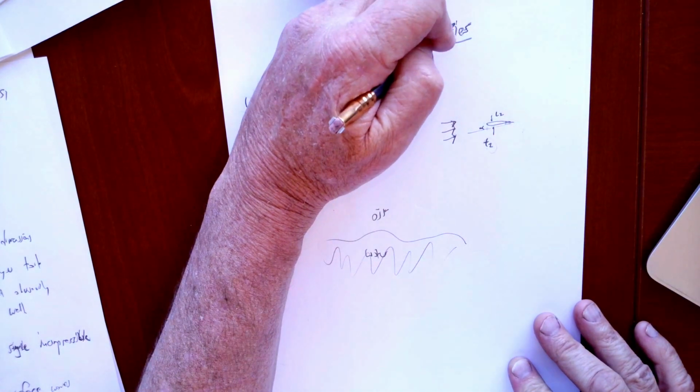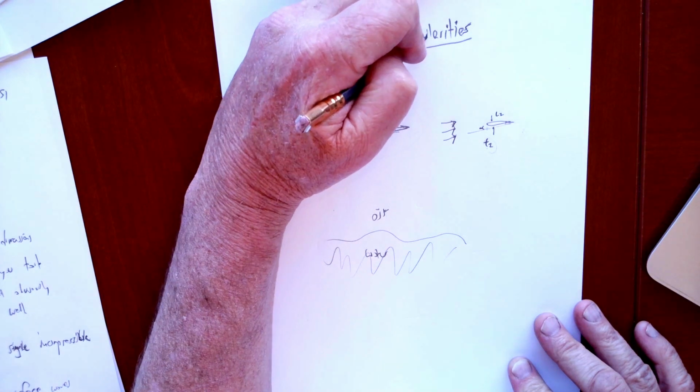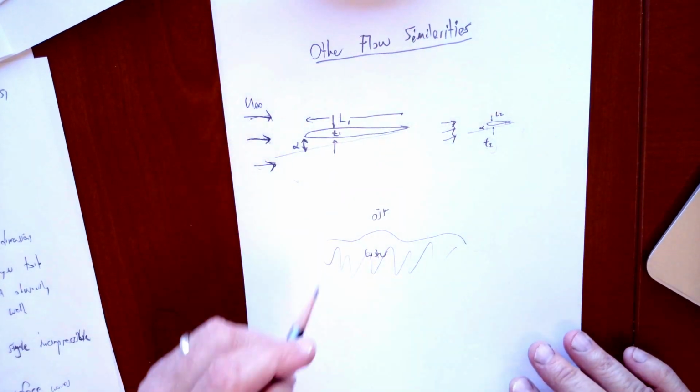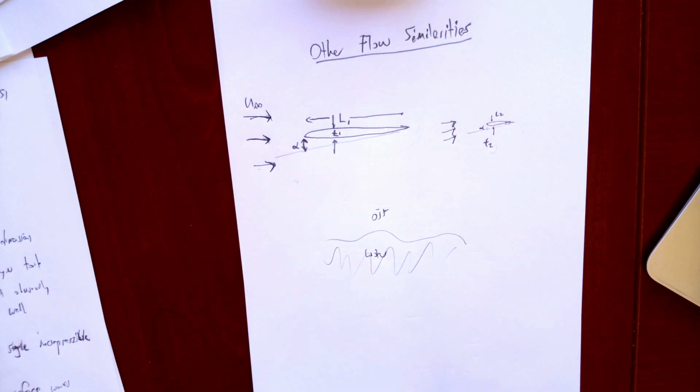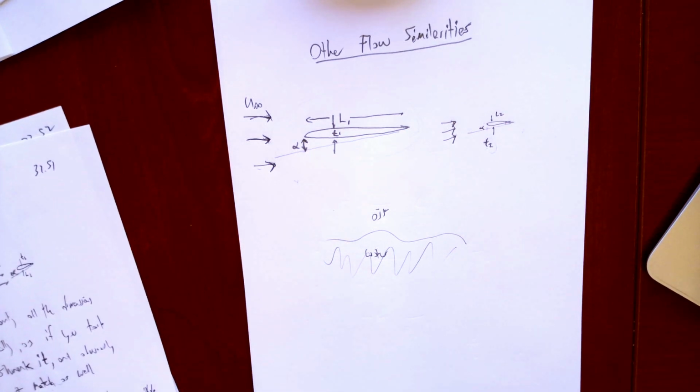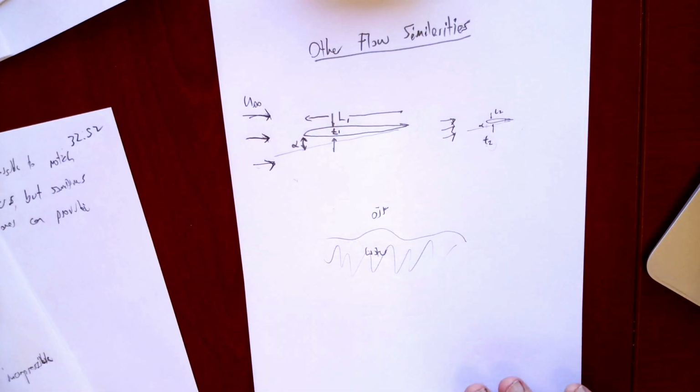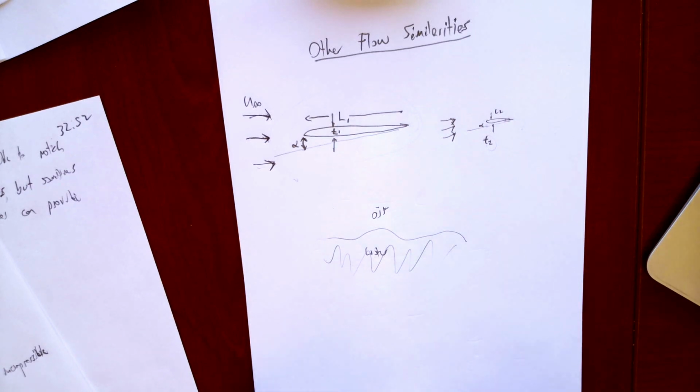So there are many, many parameters that can be matched to really simulate a flow accurately. In many cases, it is not really possible to match all the required parameters. So for some flows, they just can't do it.